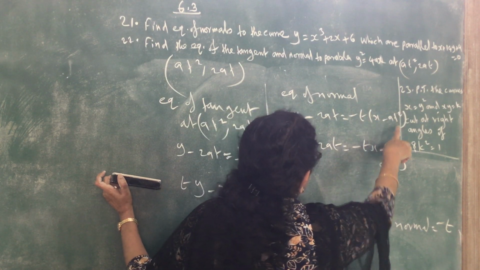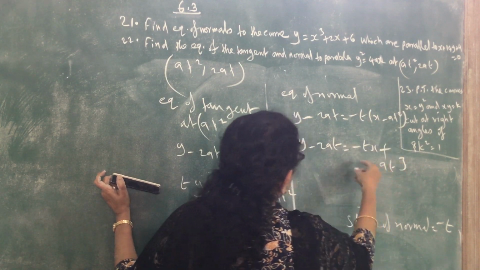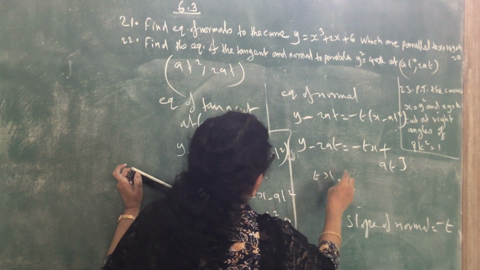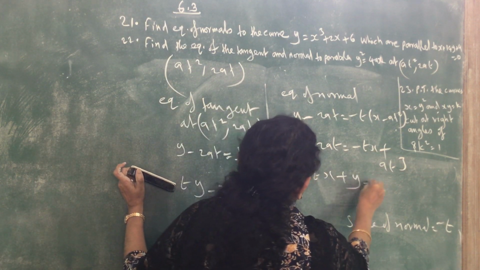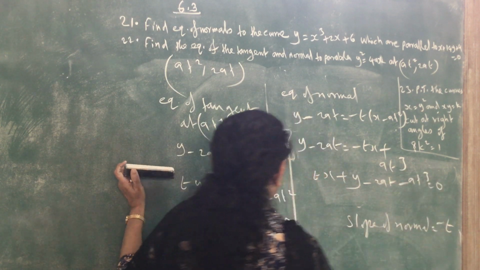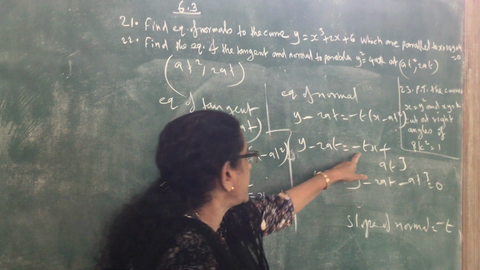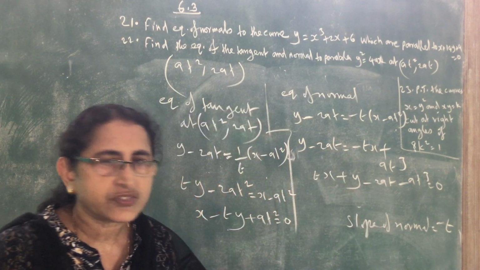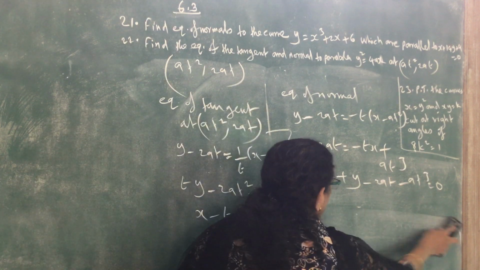Now we can take all the terms to the left side: tx plus y minus 2at minus at cube equal to 0. That is the equation of normal.